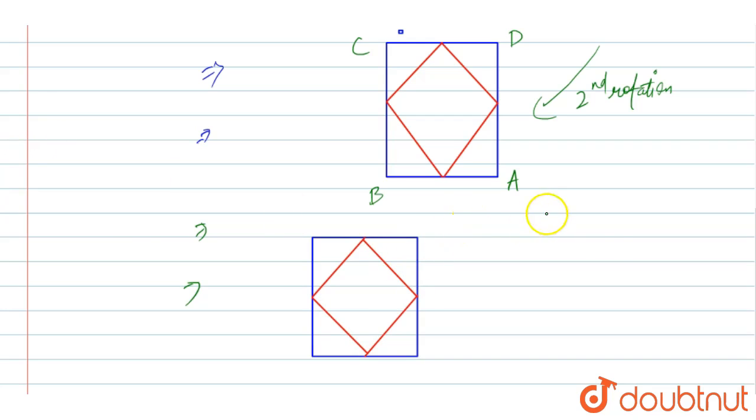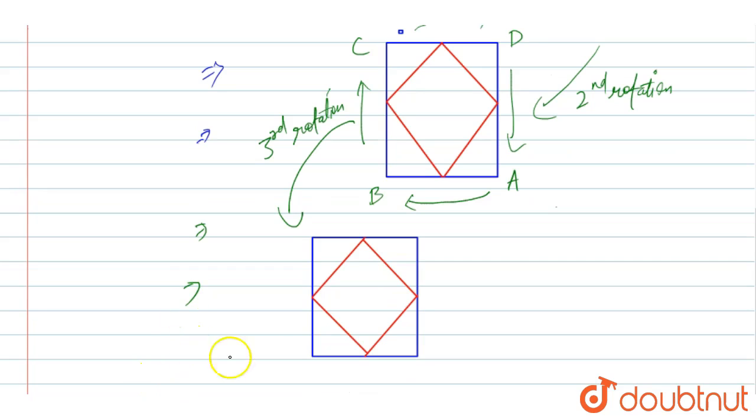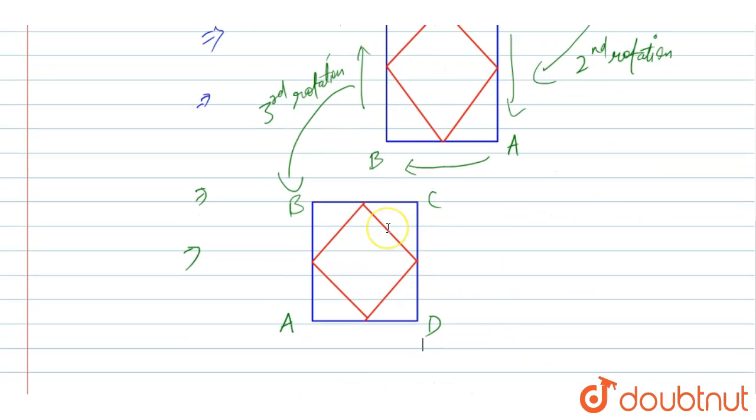This is the third rotation, and what we are going to see in this rotation is B will be A, similarly C will be B, D will be C, and A will be D. That means the new A will be starting from this position, then B, then C, then D, and this figure is also exactly similar to the question.